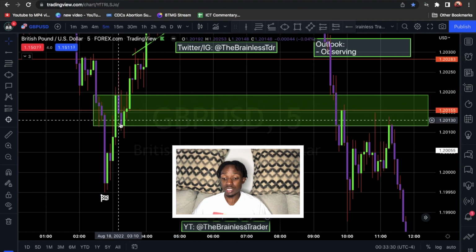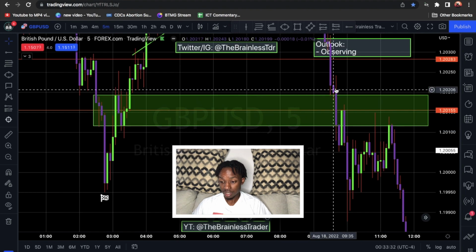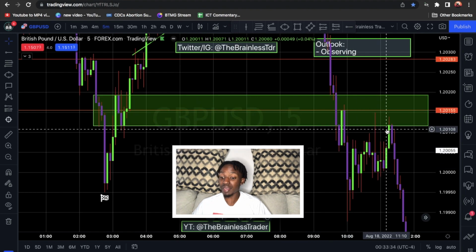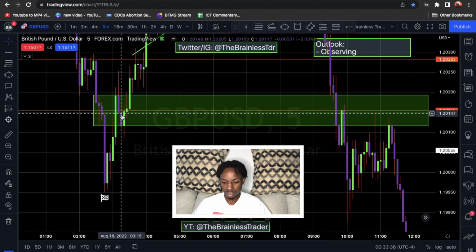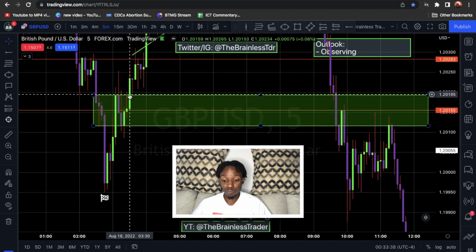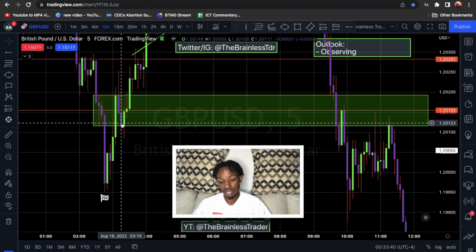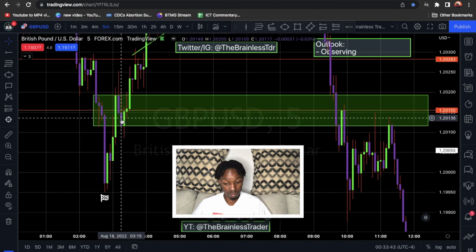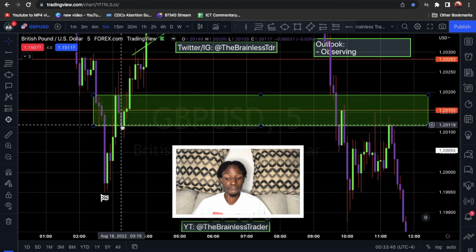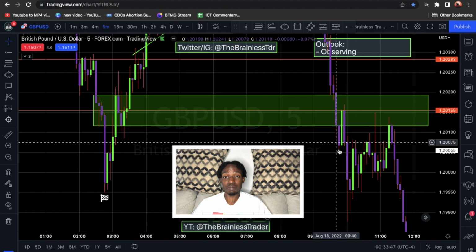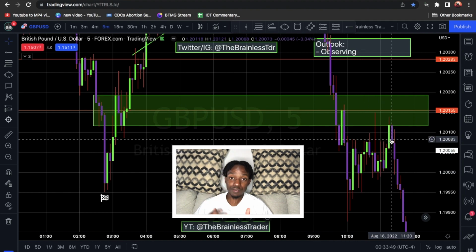You're looking for recent areas of accumulation that after price trades past, it may trade back into. Look at this. If we were looking bullish, this would have been a bullish order block. But now, as the market trades past it, it turns into an area of accumulation that price will possibly respect.